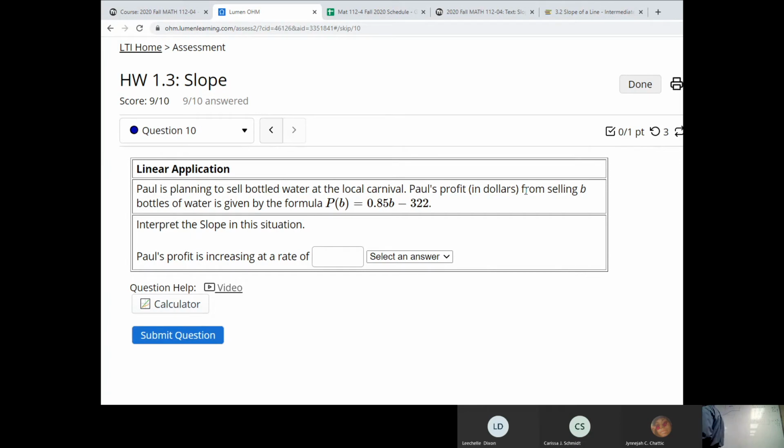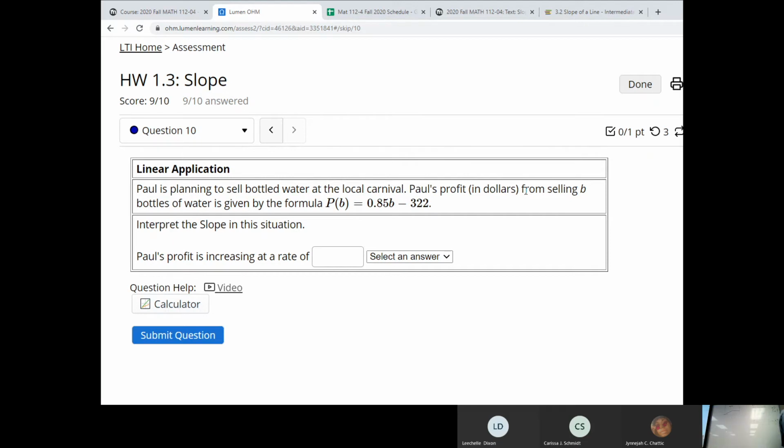Paul's profit is increasing at the rate of 85 cents per bottle. Even though Paul's profit is negative, he is still getting closer to break even and then makes profit once he sells about 500 bottles, then you'll have made up for the 322 he owed somebody.